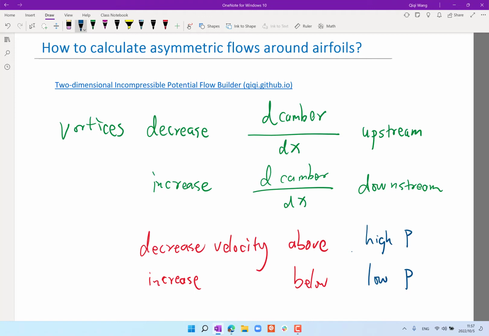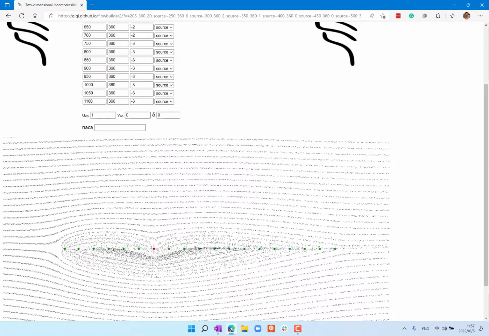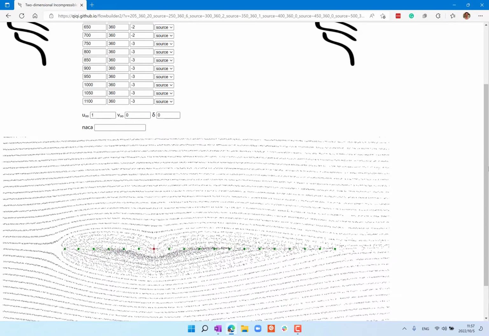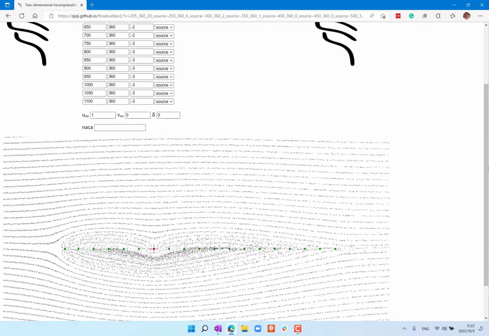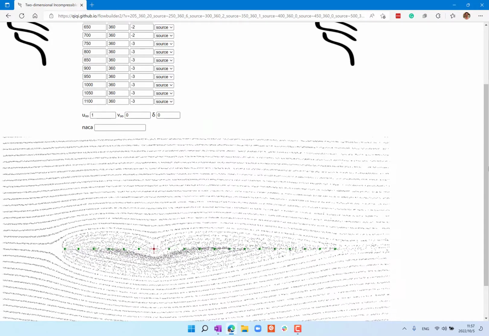All right, so basically by placing a positive vortex, you are generating negative lift, right? And you're generating negative lift at the location of that vortex, right? So basically by placing a vortex here, I am generating negative lift at that location. So basically that negative lift is centered at the location of that vortex. Agreed?